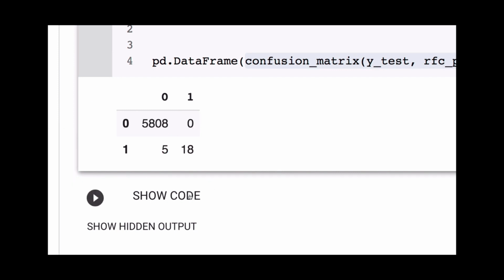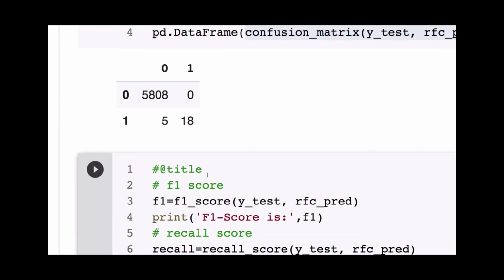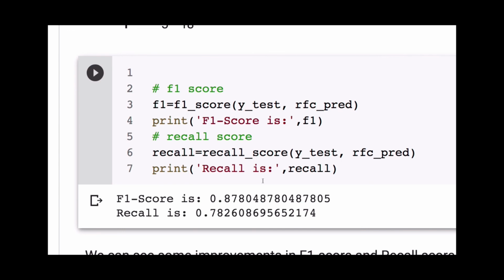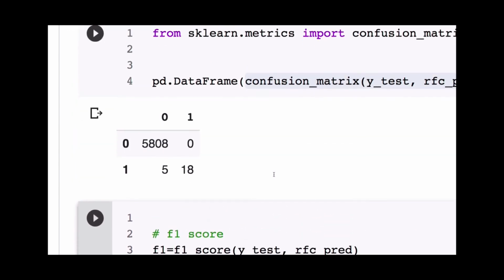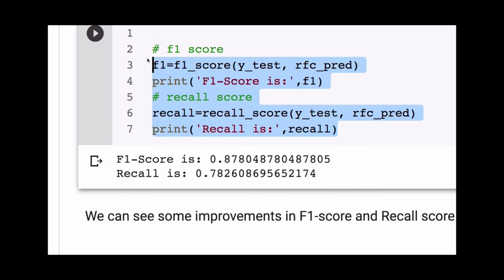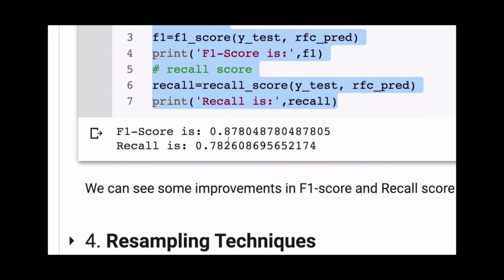All right, now let's also see the F1 score and the recall for the random forest, right? So if we check that, the code is just the same thing like we did earlier on. Okay, so now you can see that we are getting closer to 1, right? We have a huge improvement in there, right? Now we have 0.87 or so, which is closer to 1, or 100%.